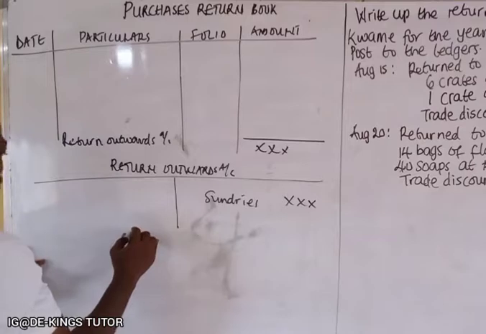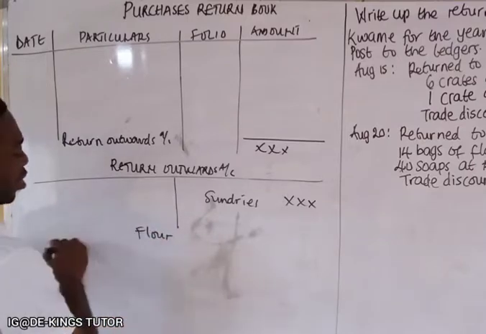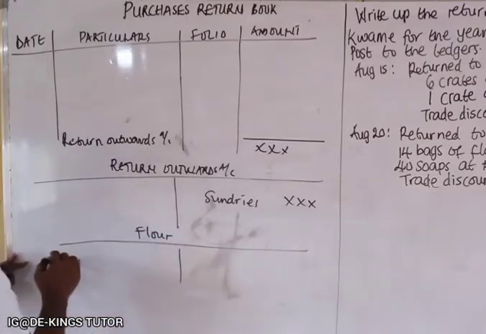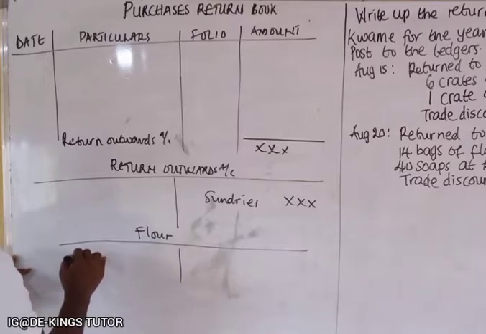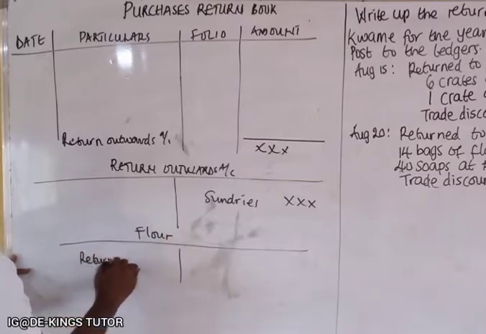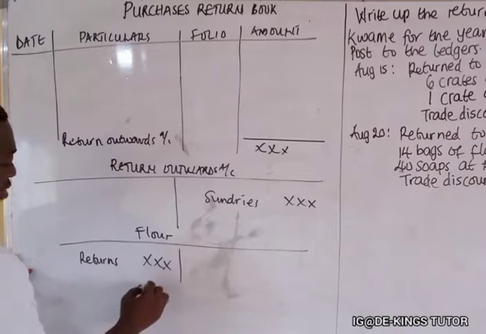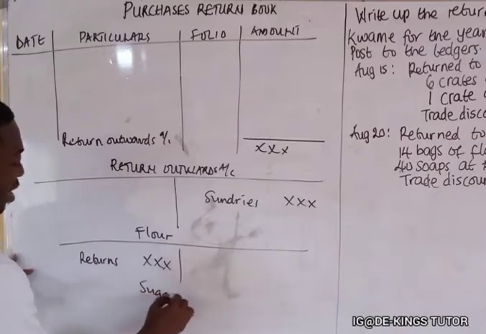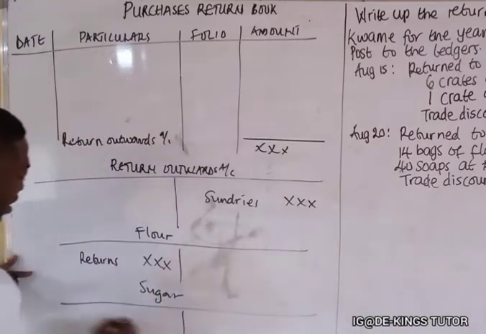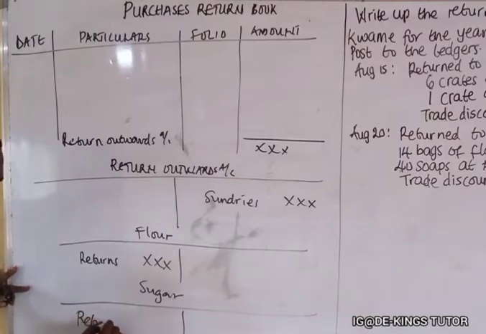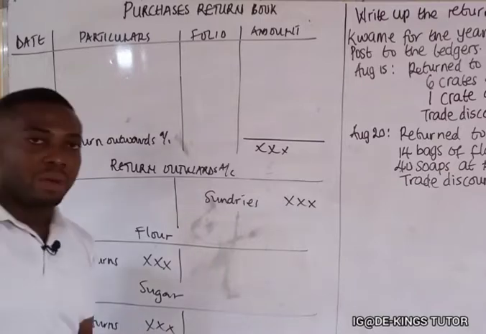So let's say we bought flour like we used the previous time. Their dates will be here, and they will write returns. And also if it is the sugar account, the same way they will write returns, the same amount. That will include that.